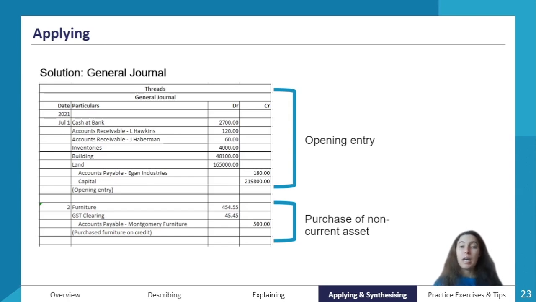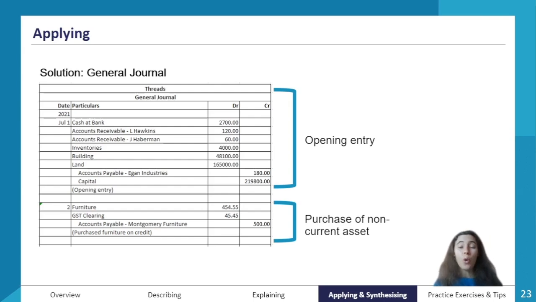And is there GST? Yes, there is, because GST is a goods and services tax. So is furniture a good? Then it is, yes. So GST will apply. GST doesn't apply on some things, like wages, for example, and drawings. But a lot of the things that you'll be looking at, it does apply to.